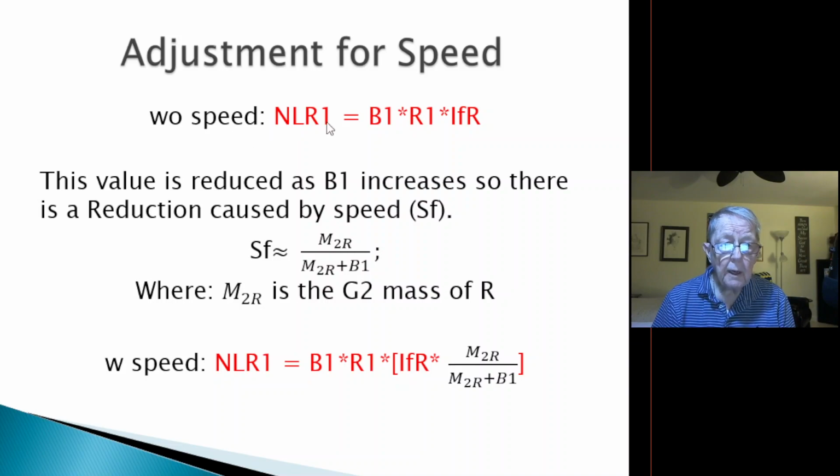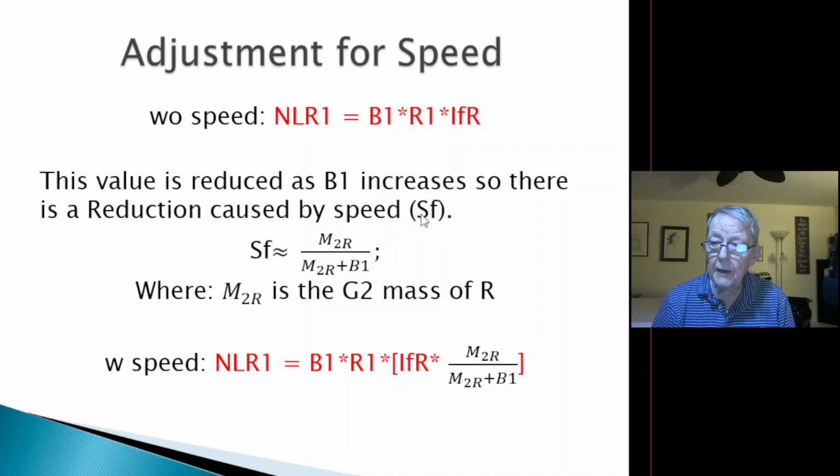Without speed, the loss through the R1, which I'm primarily interested in, although I did do the loss through S1 and S4, the loss is the number into the R1, which is B1, times the value of R1 times the interaction factor. This value is reduced as B1 increases. So there is a reduction caused by the speed.